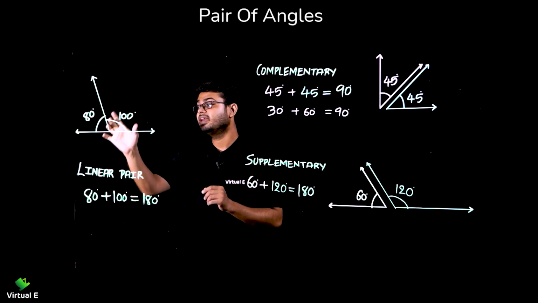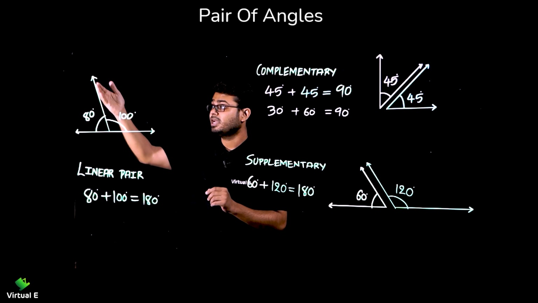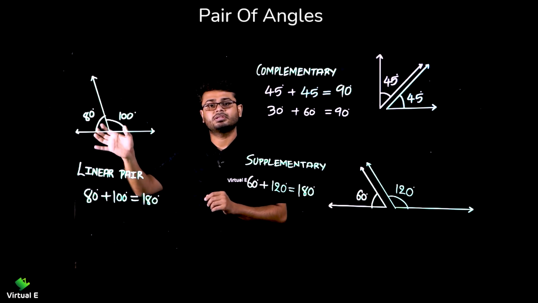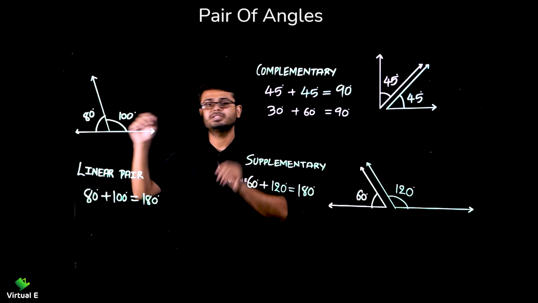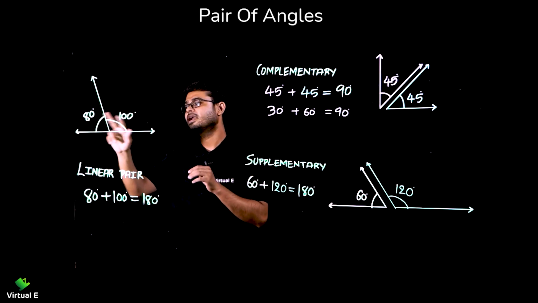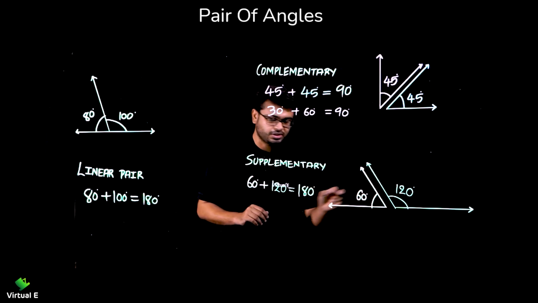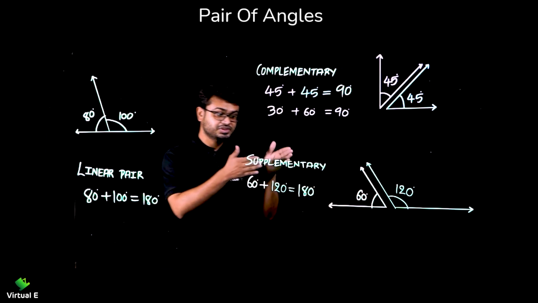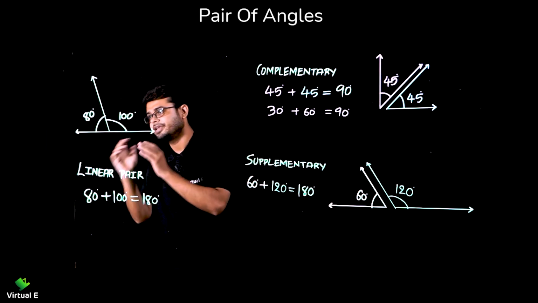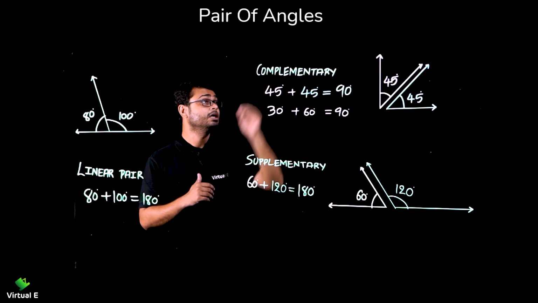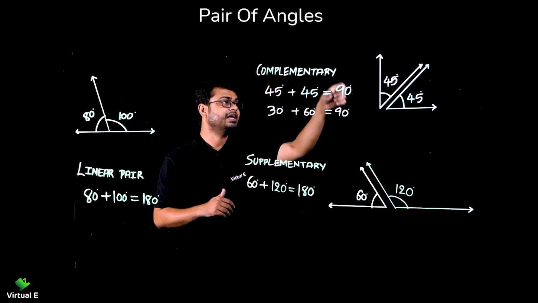They need to be neighbors of each other. They should have at least one arm common. Linear pair is always neighbors of each other. Remember that. But supplementary, it is not. So this is the difference between supplementary angle and linear pair. Remember. So we learned about three types of pair of angles. Complementary, if we add up, we get 90 degree.